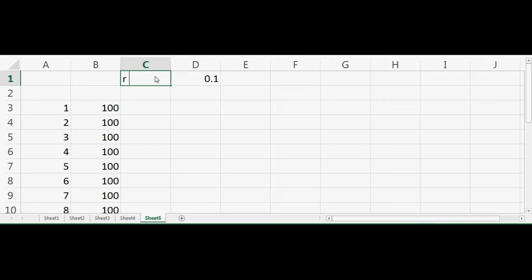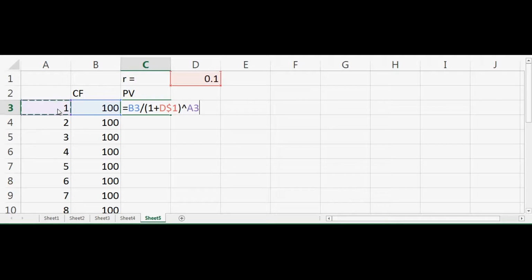So what I'll do is calculate the present value of each dollar amount. So this was the cash flow, and then we have a present value. Present value will be equal to 100 divided by 1 plus R. I'll put a dollar sign here so that if I drag this cell down, it will not change the R. And then I take the power with the year of the payment.